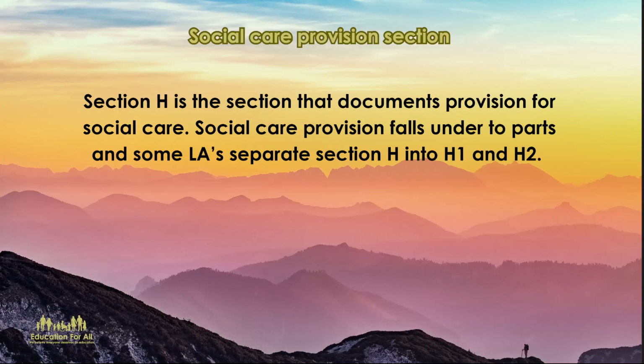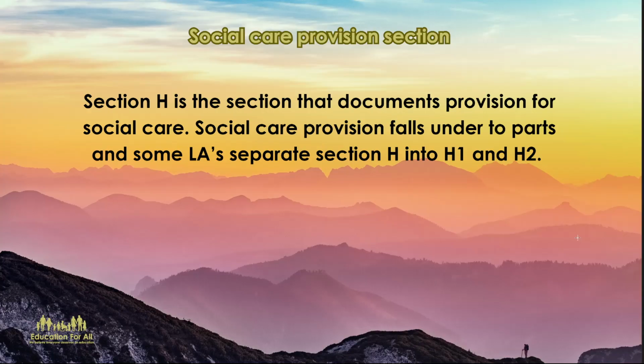Just going back a little bit, what would we see provision-wise in social care? We would generally see short breaks, we would see respite that's been agreed, we would see if a child or young person needs a day centre.